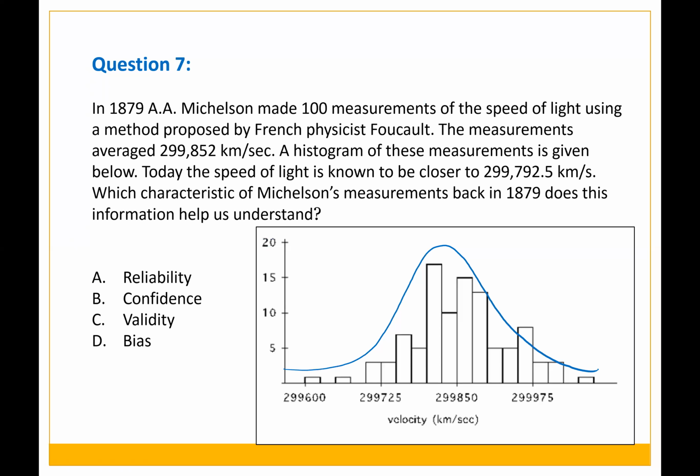Understand what is the difference? So if you look at this, you have reliability, confidence, validity, and bias. At the time of 1879, there were no other measurements of the speed of light available, so you cannot really just look at values in literature and compare. So validity is not a thing, and it's also not what we discuss in this class.